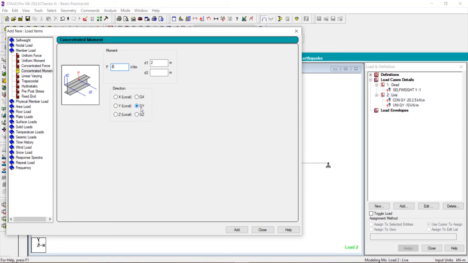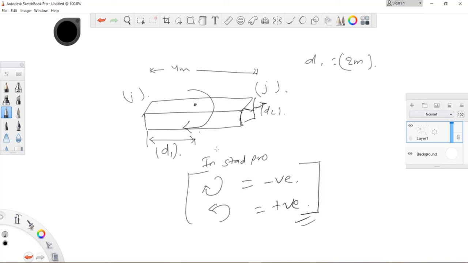Talking about the direction, as I already told you, this is our beam, and this axis is our x-axis, this axis is our z-axis, and this axis is our y-axis. As you can see, this moment is being applied along the z-axis.